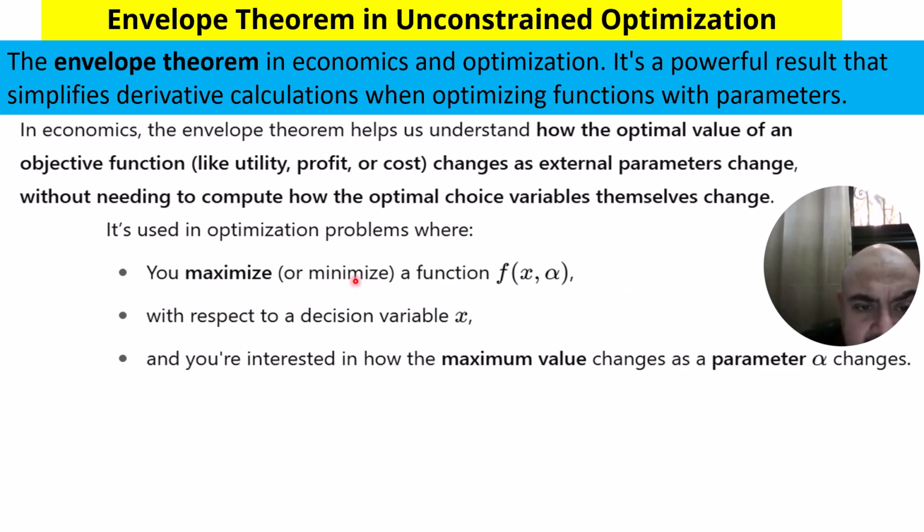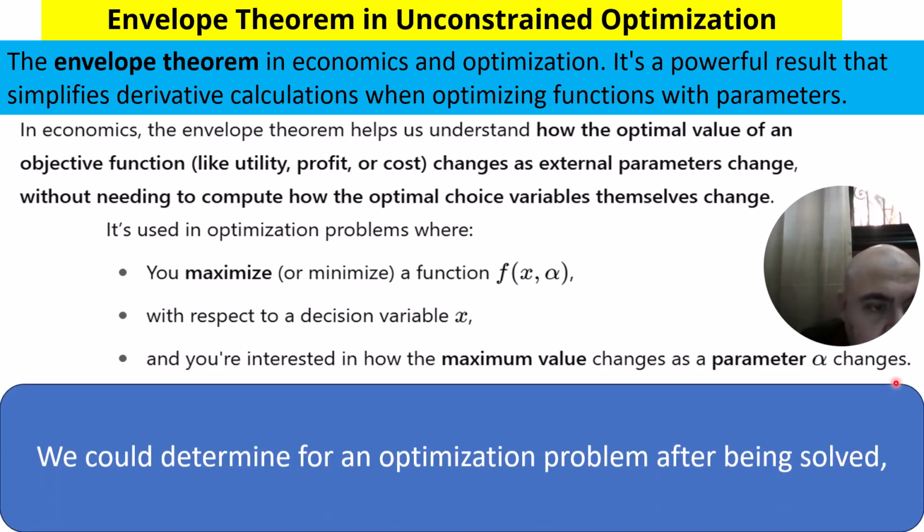First, maximize or minimize the function f of x and alpha. Alpha represents the specific parameter that I am studying with respect to a decision variable x, and we are interested in how the maximum value changes as the parameter changes, like price, or like when a new law appears that will affect your production and so on. Here we go.